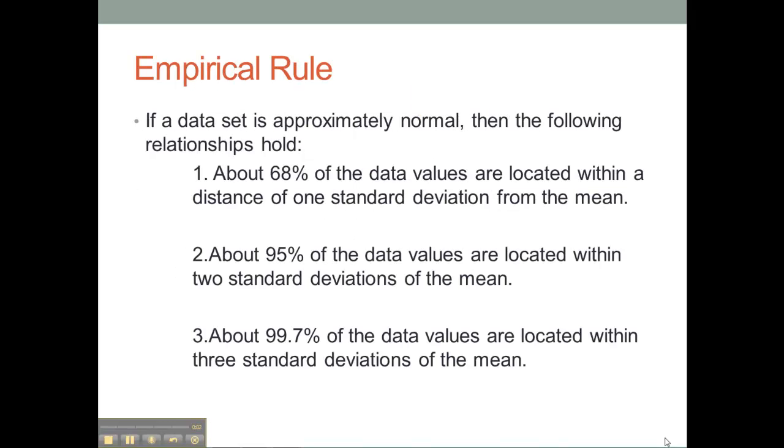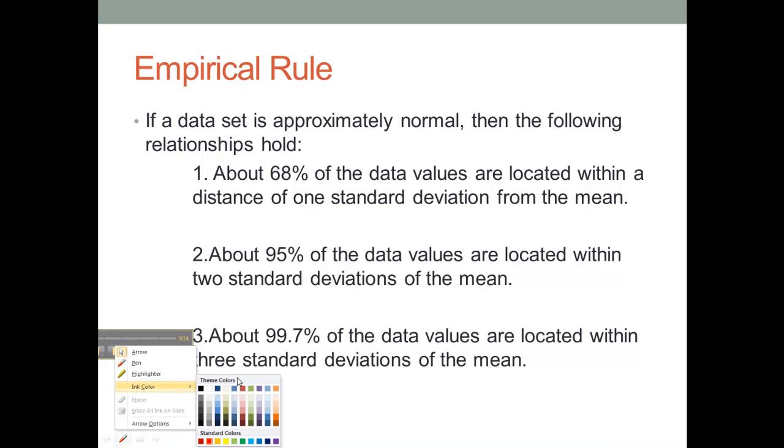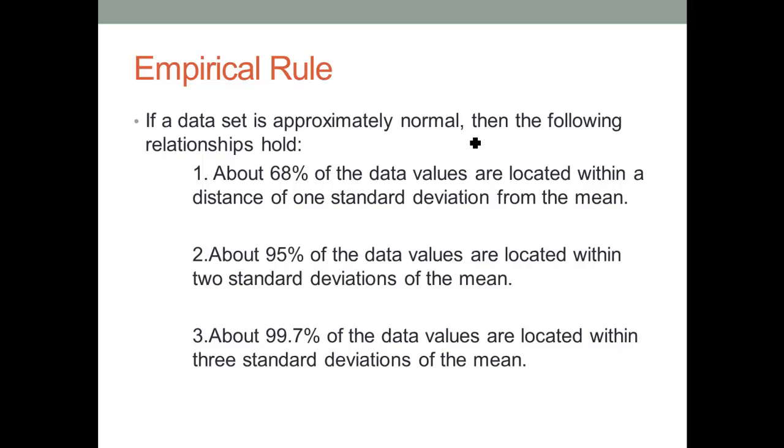Empirical rule. When we have data that's approximately normal, as in bell-shaped, the following things hold.